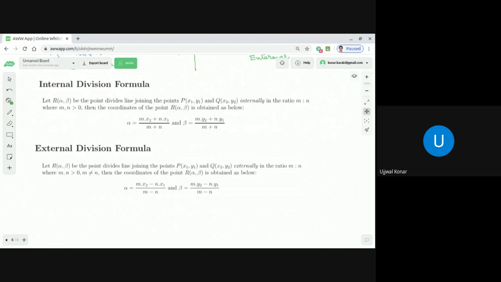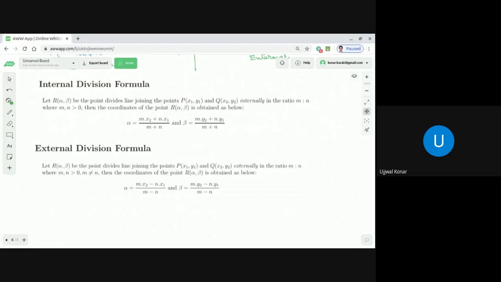Then the coordinates of the point R(alpha, beta) are alpha equals (mx2 - nx1) by (m - n), and beta equals (my2 - ny1) by (m - n).